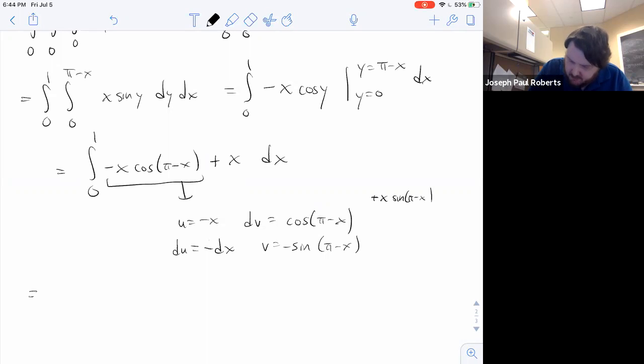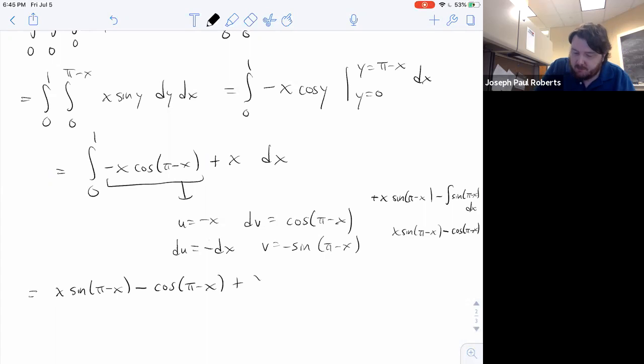So minus v du has 3 minus signs, so it's minus the integral of sine pi minus x, whose antiderivative is, well, the antiderivative of sine is minus cosine, but then we have another minus because of the chain rule. You're going to have minus cosine pi minus x. So our antiderivative is x sine pi minus x minus cosine of pi minus x, and then plus, of course, x squared over 2 between 0 and pi.